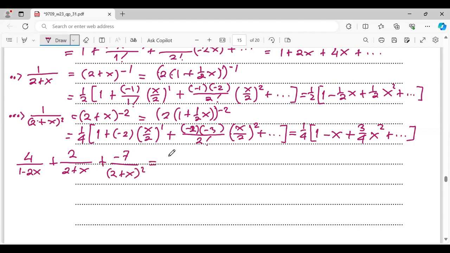And it is 4 times 1 minus 2x power minus 1 plus 2 times 2 plus x power minus 1 minus 7 times 2 plus x power minus 2.